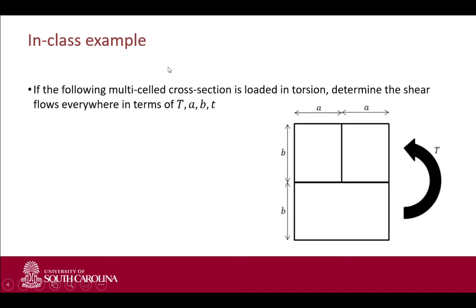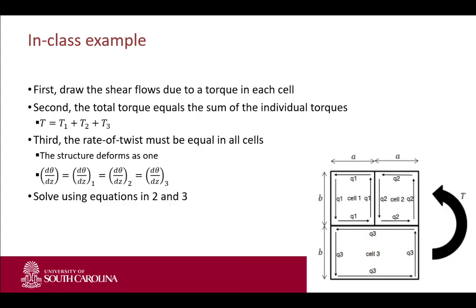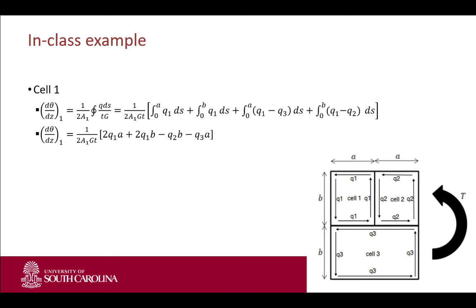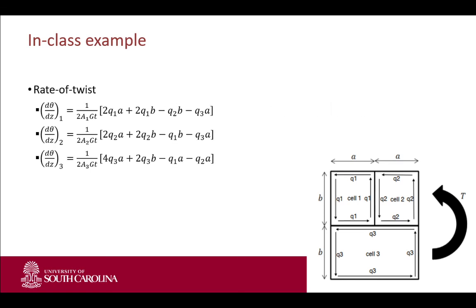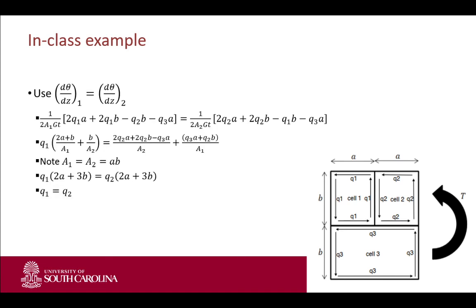Now we did a quick example. We calculated the rate of twist in each of the cells, and then we equate them to each other. We did it for cell 1, cell 2, cell 3, and then we state we have 3 equations basically.